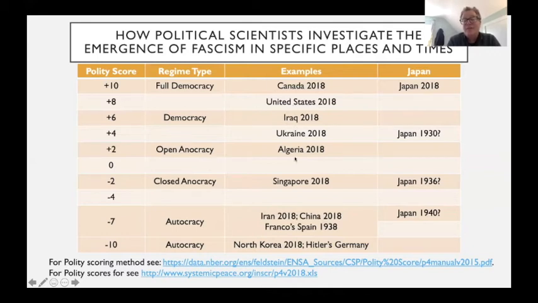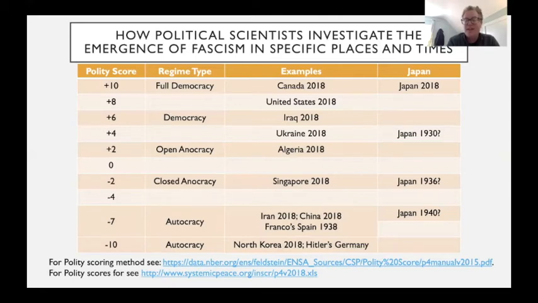And then you can see some other regimes here that are more in between, have some characteristics of democracy and some characteristics of authoritarianism. We use the term anocracy to categorize those systems. And then at the other extreme, you see the regimes that we categorize as autocracy or authoritarian regimes. Political scientists tend not to be very interested in exactly what type of authoritarian regime this is.